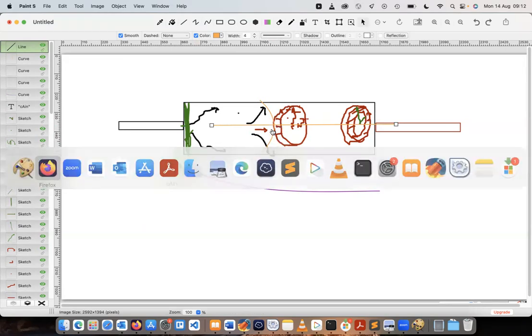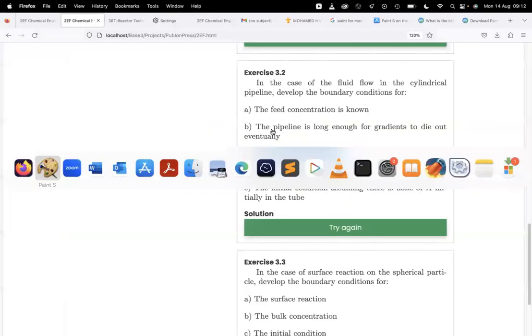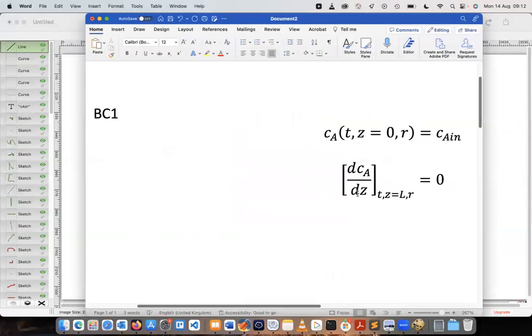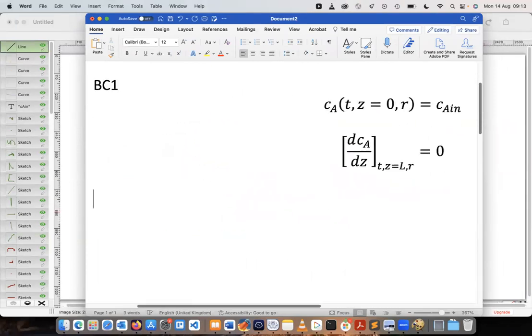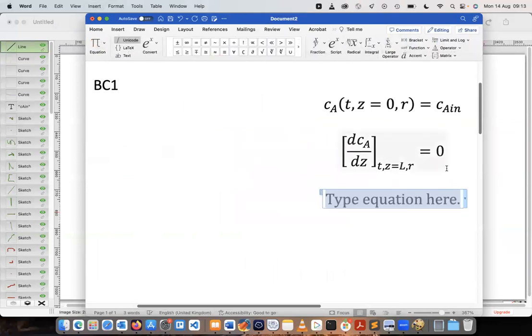So we can say at the center line, we have a radial symmetry, and we're going to express that in this way. We'll say dCA/dr, and this has to be specifically at the center. It doesn't apply anywhere else.